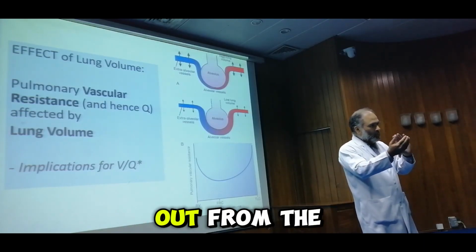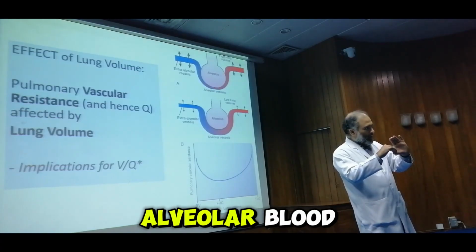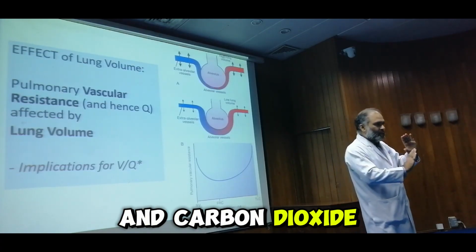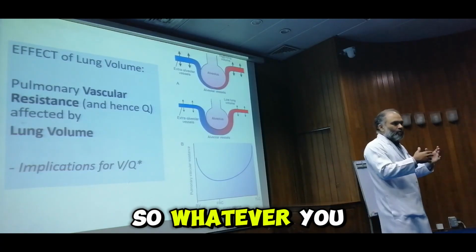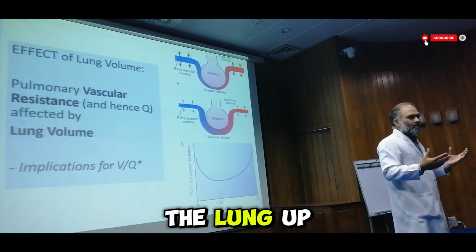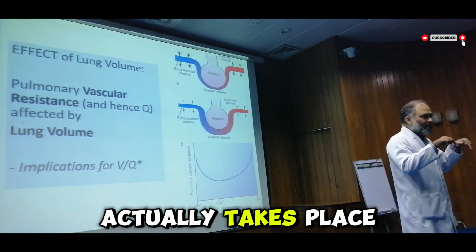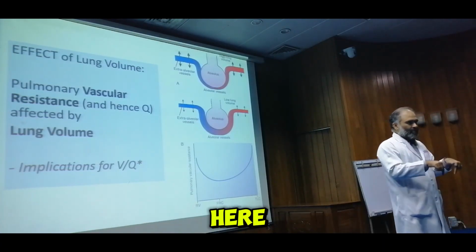Oxygen comes out from the alveolus into the alveolar blood, and carbon dioxide goes in reverse. So whatever you have learned about the lung up till now actually takes place here.